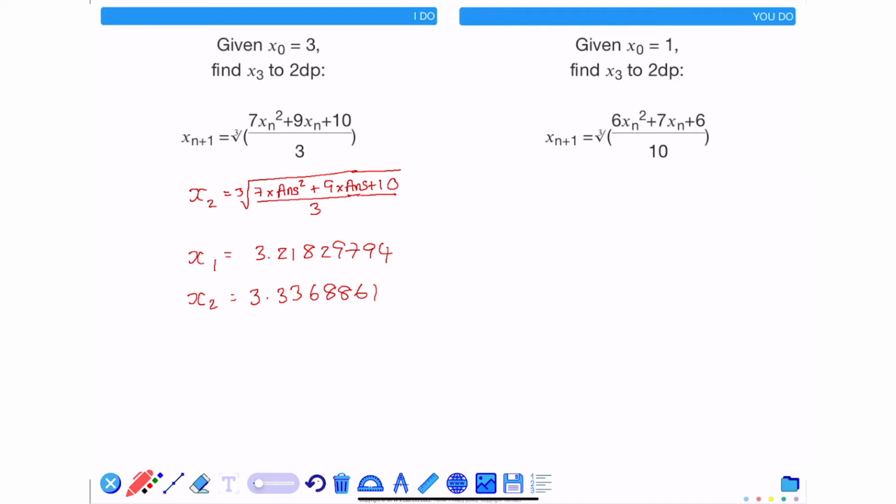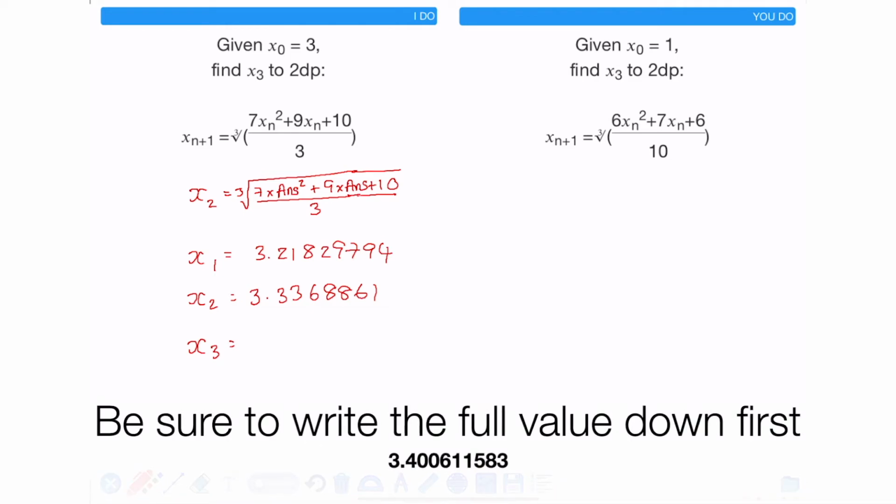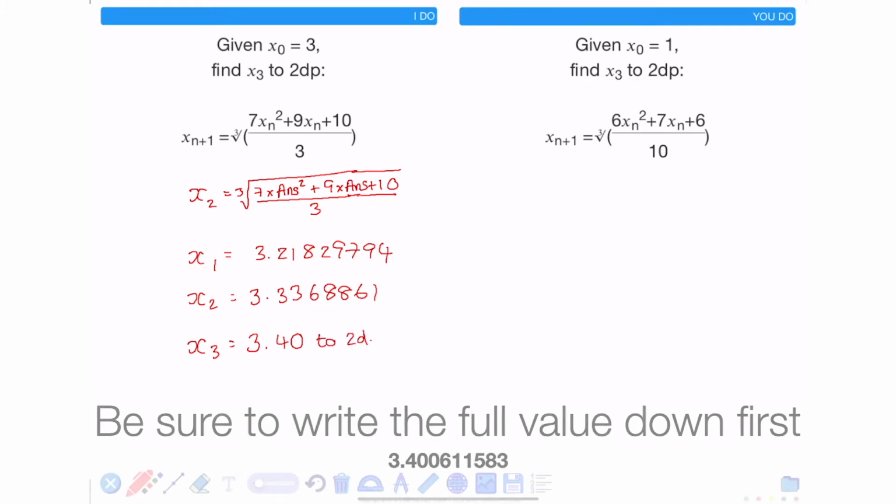And since my calculator knows that ANS is the answer to the previous calculation, all I need to do is click equals again, and it will give me x3 because it will substitute in x2 into the ANS part of the formula. So to 2 decimal places, this gives me x3 as being 3.40 to 2 decimal places.